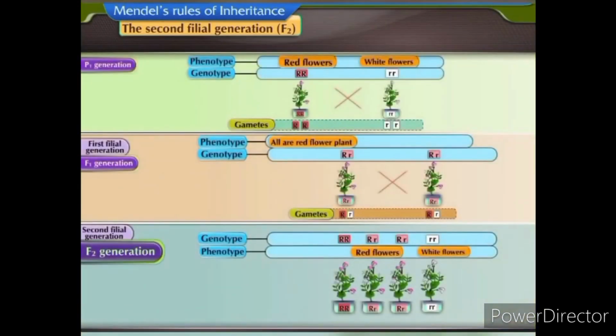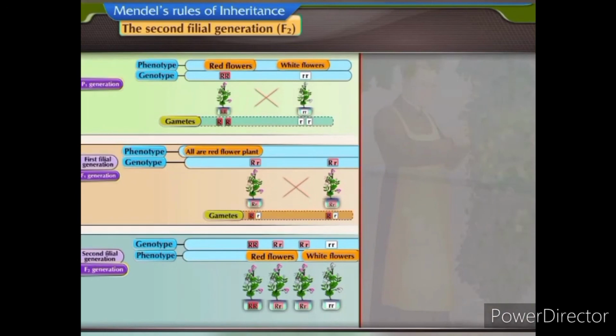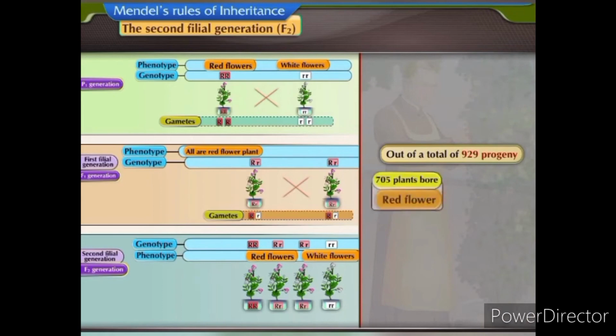The F2 generation resulted from selfing of F1 plants, showed the presence of both red-colored flowers as well as white-colored flowers. Mendel experimentally observed that out of a total of 929 progeny, about 705 plants bore red flowers, while 224 bore white flowers.